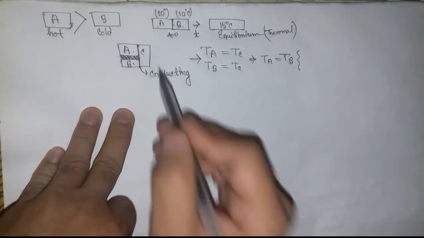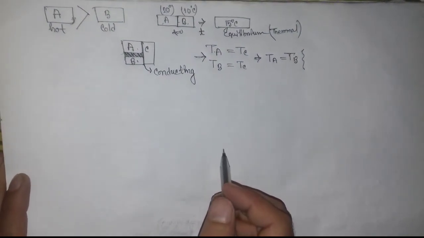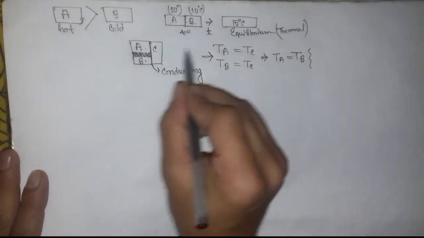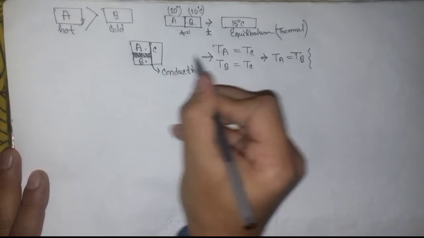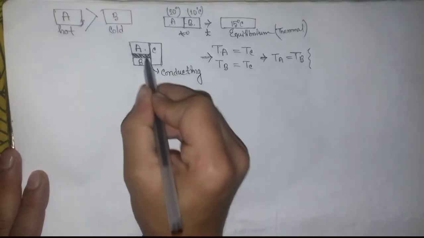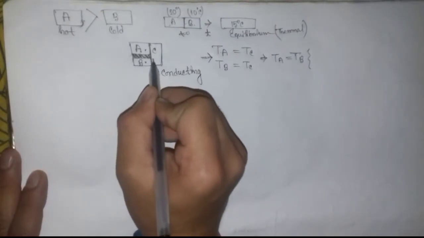But how? That's what the zeroth law of thermodynamics says: if systems A and B are in thermal equilibrium with the third system C, then systems A and B are in thermal equilibrium with each other.